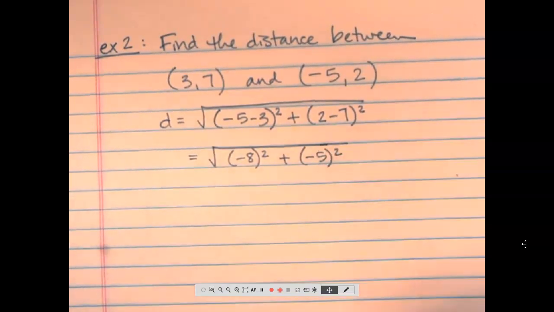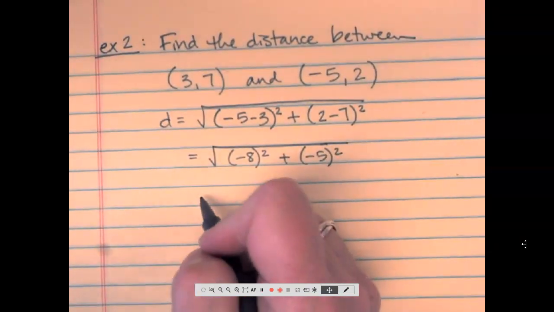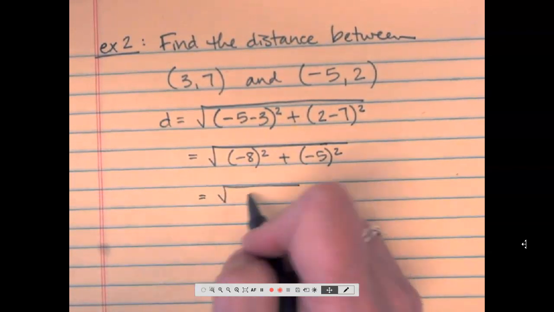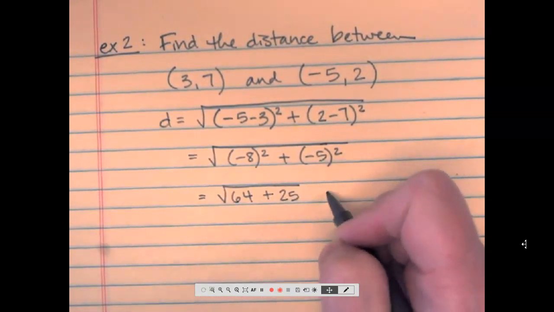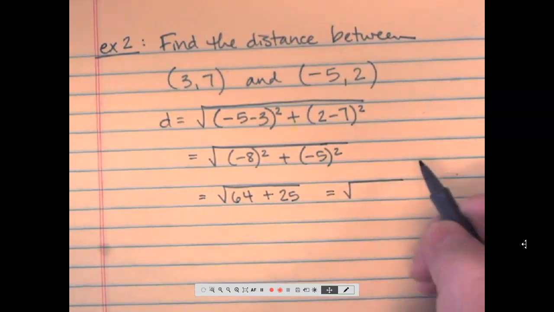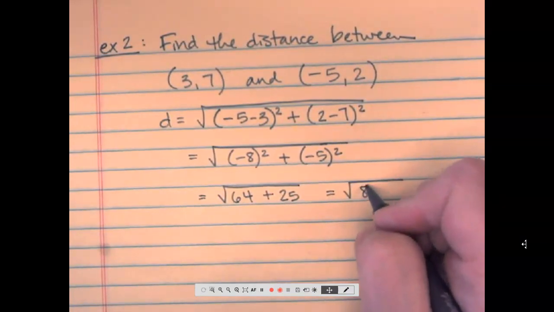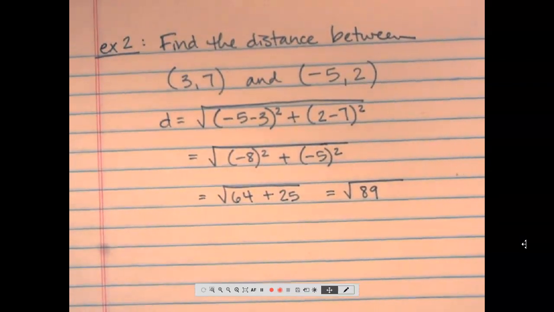They gave us some good numbers. And leave your answer as a simplified radical.